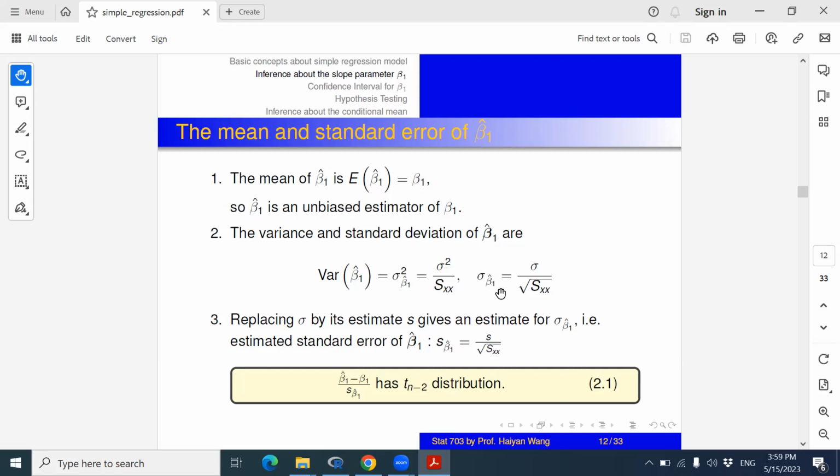So the chi-square divided by n minus 2, square rooted, in the denominator, and the standard normal in the numerator, the ratio would be a t distribution with n minus 2 degrees of freedom. So that gives us the distribution of this beta 1 hat.